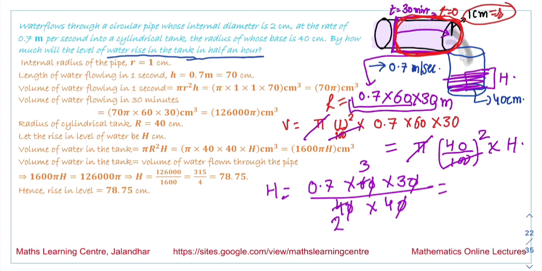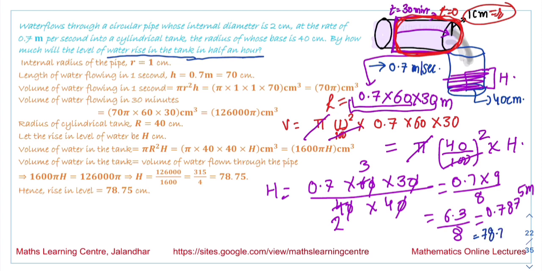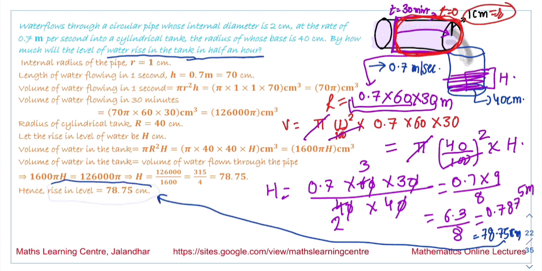So when we multiply these terms, it is 0.7 into 9 over 8, and this answer comes out to be 6.3 over 8, and that is equal to 0.7875 meter. When we convert this value to centimeter, we get 78.75 centimeters. So we are saying the rise in level is 78.75 centimeters.